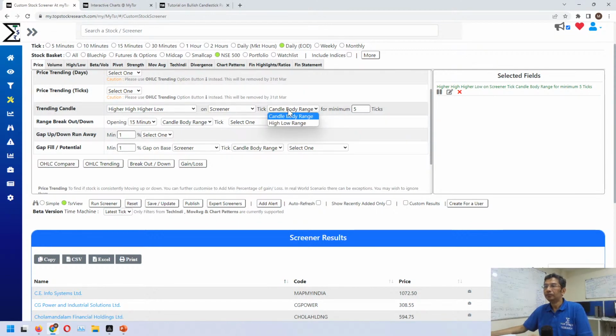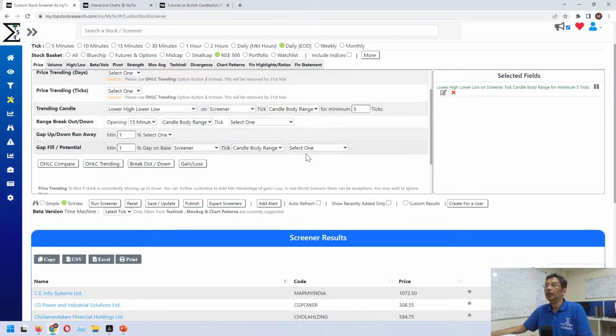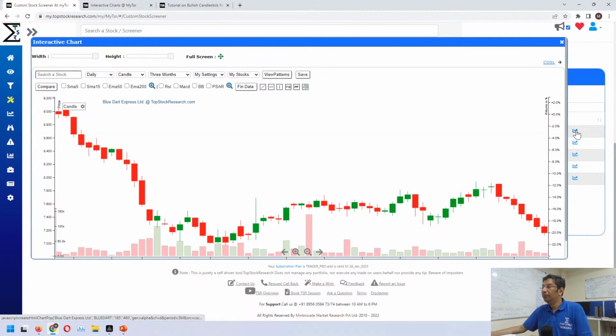Same thing is on the lower highs, lower lows. When you look at lower highs, lower lows, for a minimum of 5 ticks, you'll find some of the stocks meeting the criteria, right? I also mentioned very loosely in one of the sessions, I think on the 24th or 25th last month, consider this: a trend will continue to move in that direction for multiple reasons.